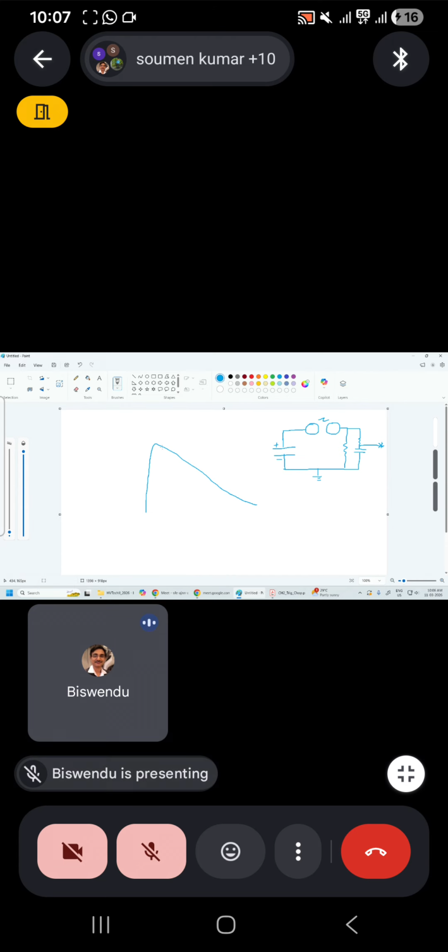a chopped impulse where this time is only 2 to 6 microseconds, very fast? How can I initiate this? Very good.